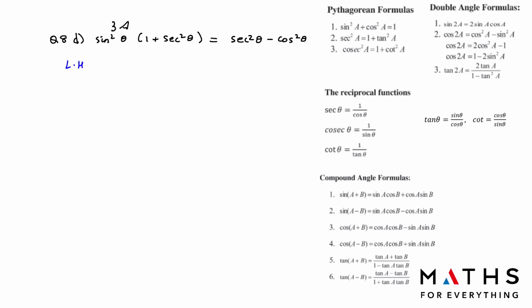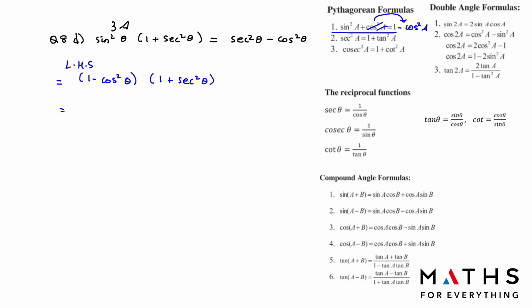Sine square theta we have here. So if I bring the cos square here, it will become 1 minus cos square theta. I can replace that with sine square theta. 1 minus cos square theta bracket 1 plus sec square theta. Expand the bracket.